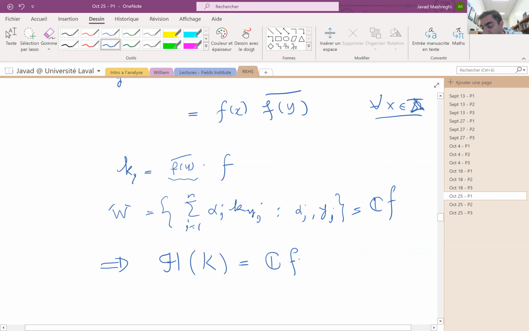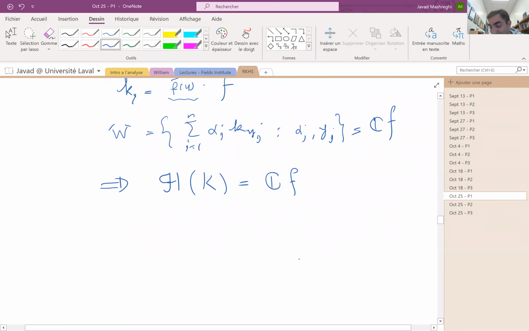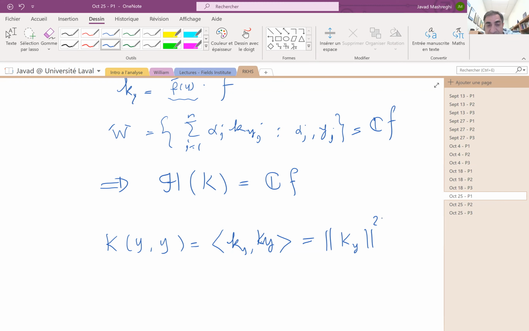And how can we calculate the norm of f in this space? It's a very interesting trick, playing with all the different identities we have seen by now. On one hand, we know that k_y(y) is equal to the inner product of k_y with k_y, which is equal to the norm of k_y squared in the space. And now let's see what each side gives us.